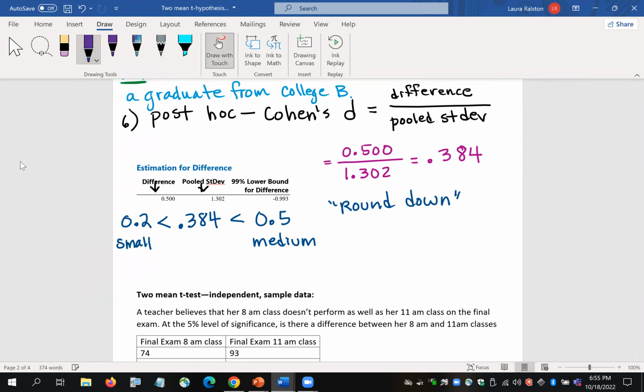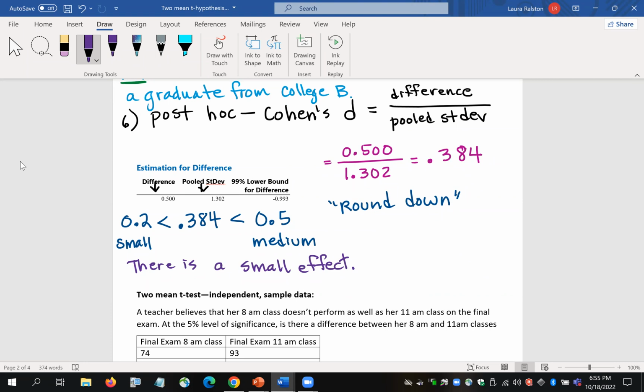Our conclusion would be there is a small effect, meaning that difference is really not that big. We concluded that college B takes more math than college A, but it's really not a big difference because there is a small effect.